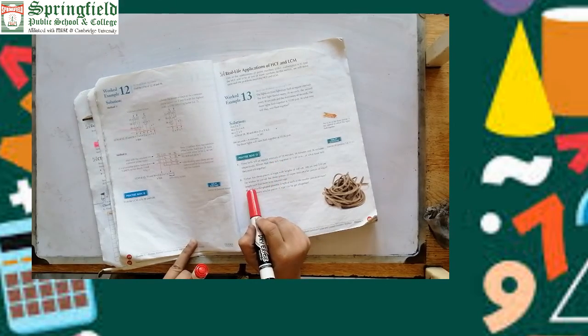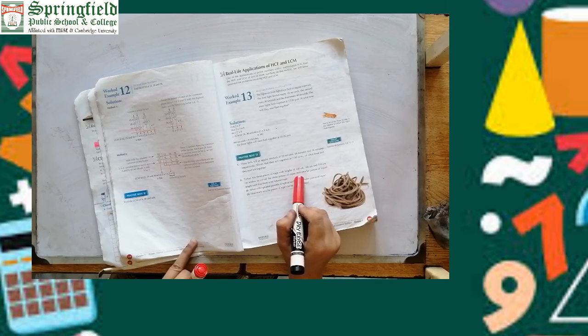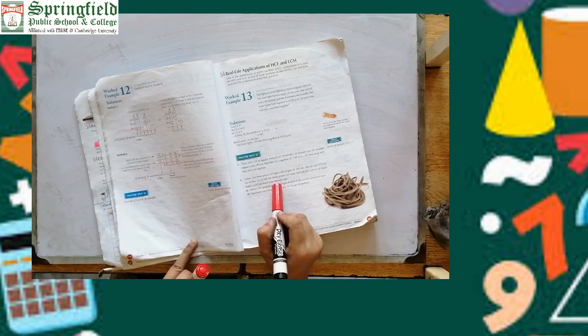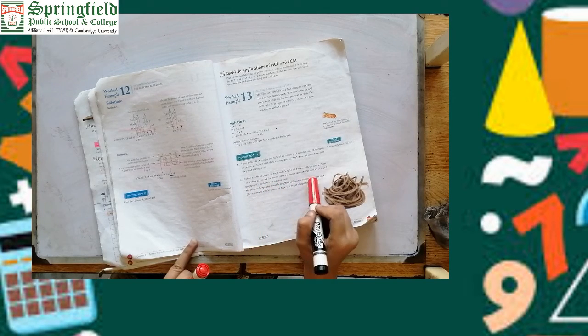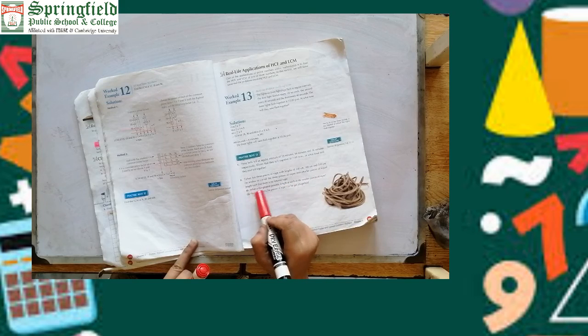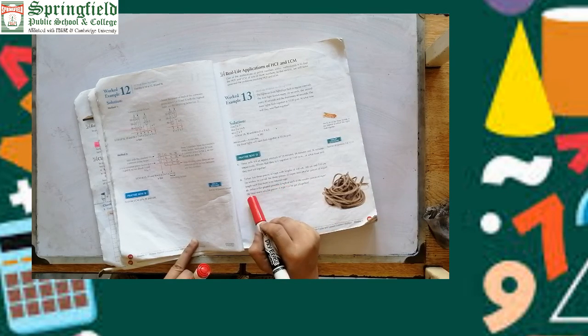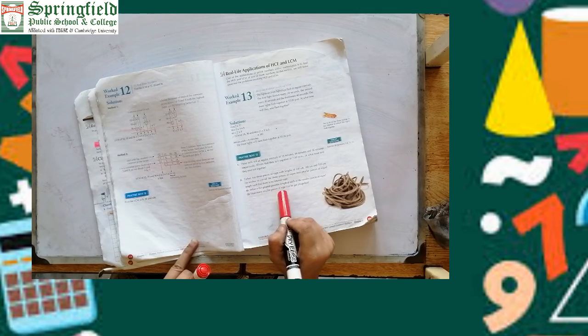Fine. Okay, now come on the next question. Farhan has 3 pieces of rope with lengths of 140, 168 and 210. He wished to cut all the 3 pieces of rope into smaller pieces of equal length such that there is no leftover rope. In the first part, what is the greatest possible length of each of the smallest pieces of rope?